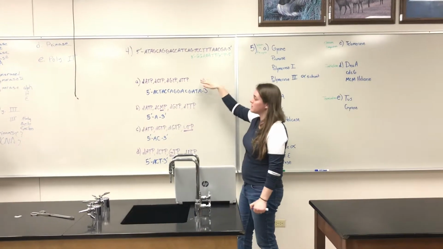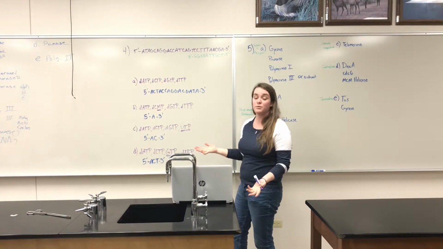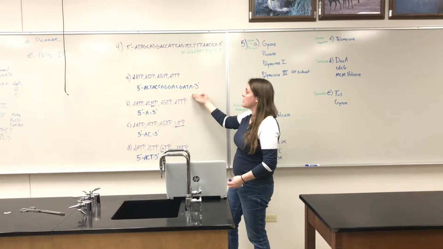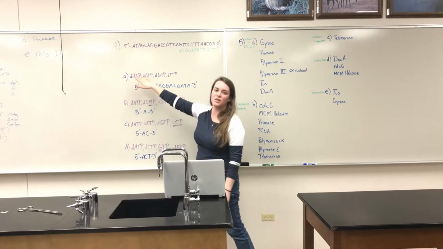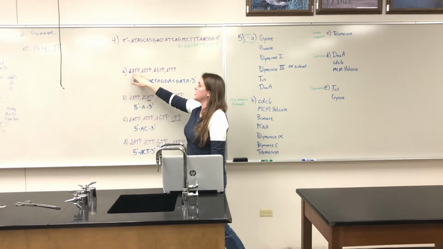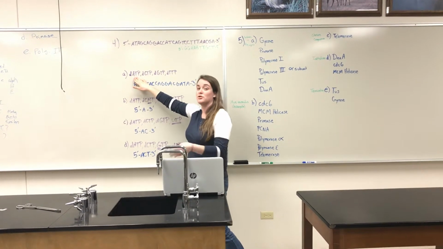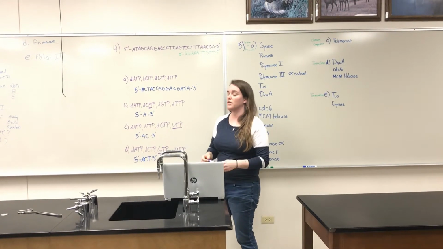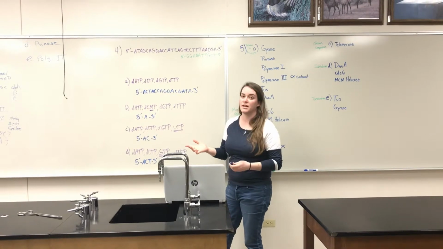Then we're given these different sets of nucleotides, and we have to figure out the different sequences that go with those nucleotides. With A, we're given all of these, and they look like a bunch of abbreviations, but it's really just saying these are deoxyadenosine triphosphate and so on, which are used in the backbone and the bases of our DNA.